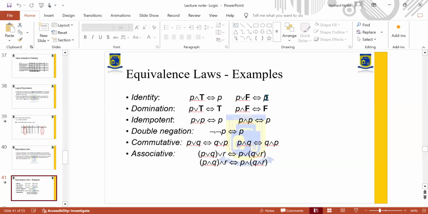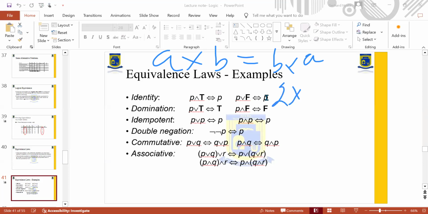So commutative is telling us that when you have P or Q, it is the same as Q or P. And in the same way, when you have P and Q, it is equal to Q and P. For example, in normal algebra, we know that A times B is the same as B times A. That means that 2 times 4 will be the same as 4 times 2, which is 8 equals 8, right?